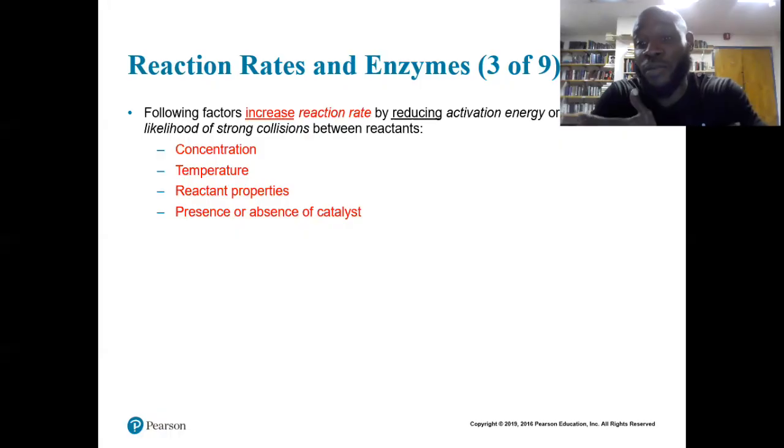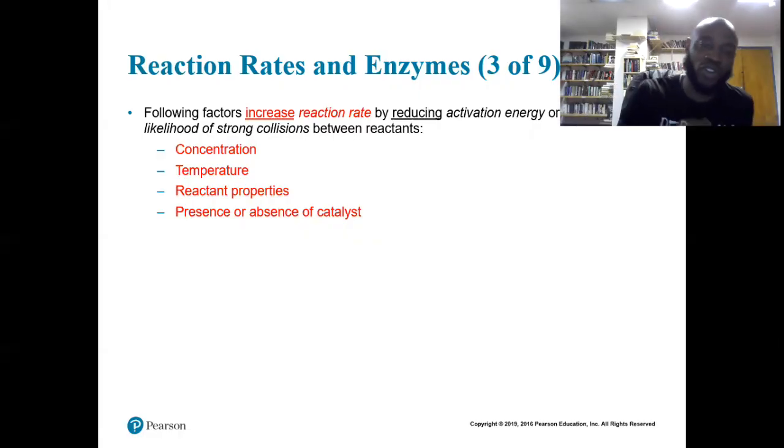That's why we heat up food when we're cooking it. The reactant properties, we can work with the properties of the reactants and change those slightly. We'll talk about how that can happen. And the presence or absence of a catalyst. Now, this is where we get into enzymes, which are in your body.